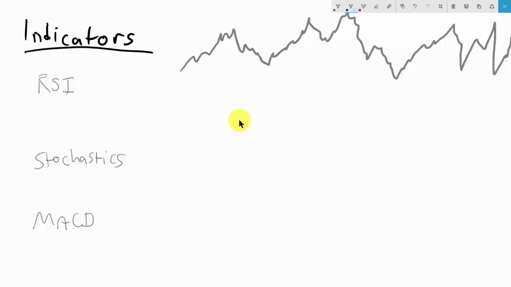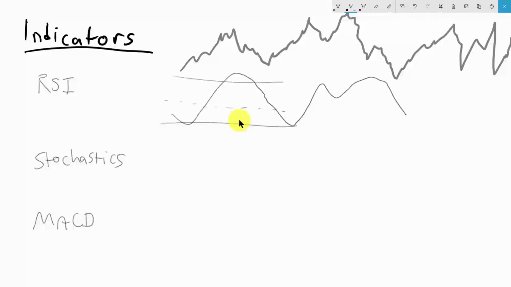So you have RSI, and RSI might give you one of these deals. So you have this right there, and RSI is coming down, and then it comes up, and then it comes down, and then it comes up, and then it comes down some, right?